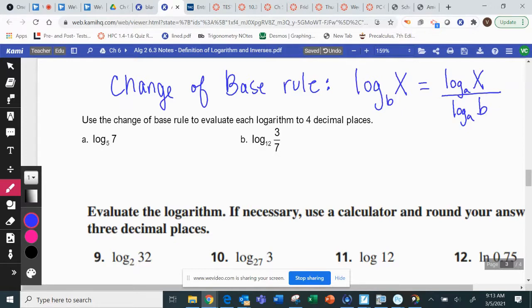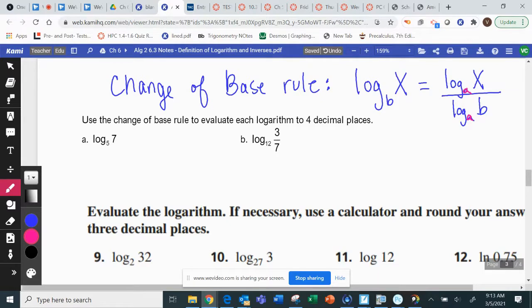I messed up my words a little bit there. We do log of x divided by log of b. And this base right here can be any base we want it to be.